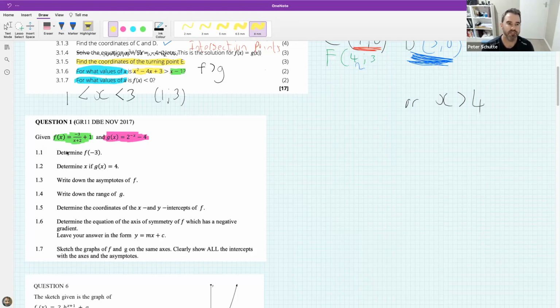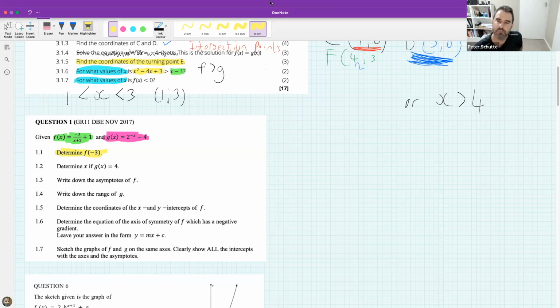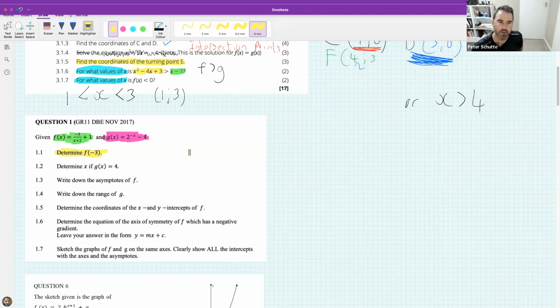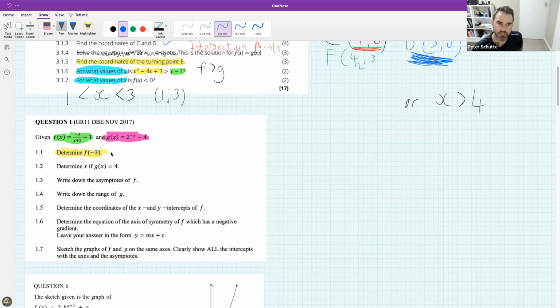Now, find me the f of minus 3. What does it mean to ask about the f of minus 3? It's saying, what is the value of the function f when x is minus 3?